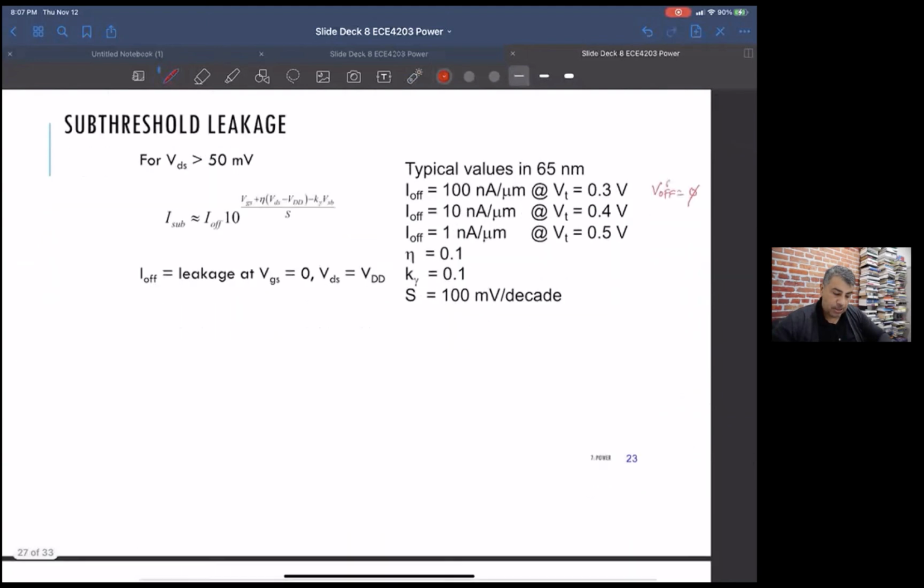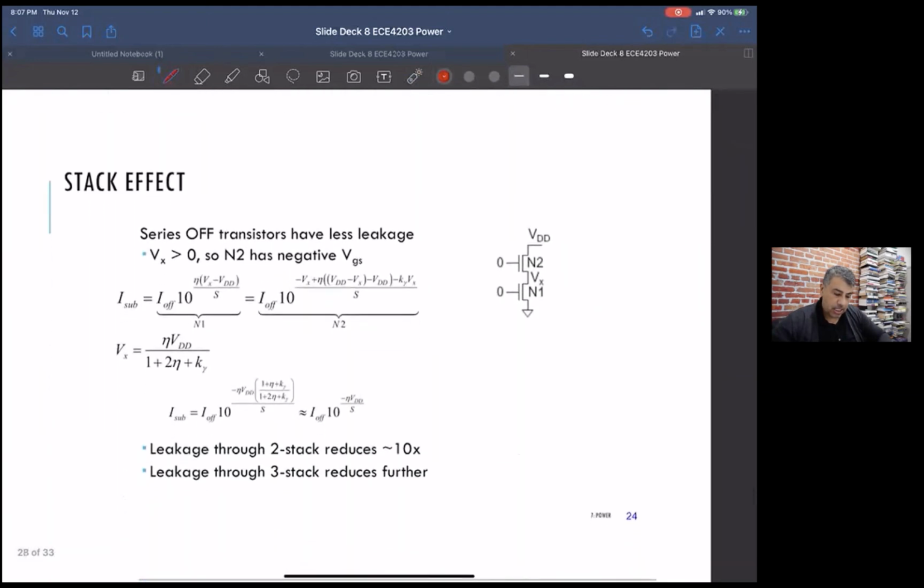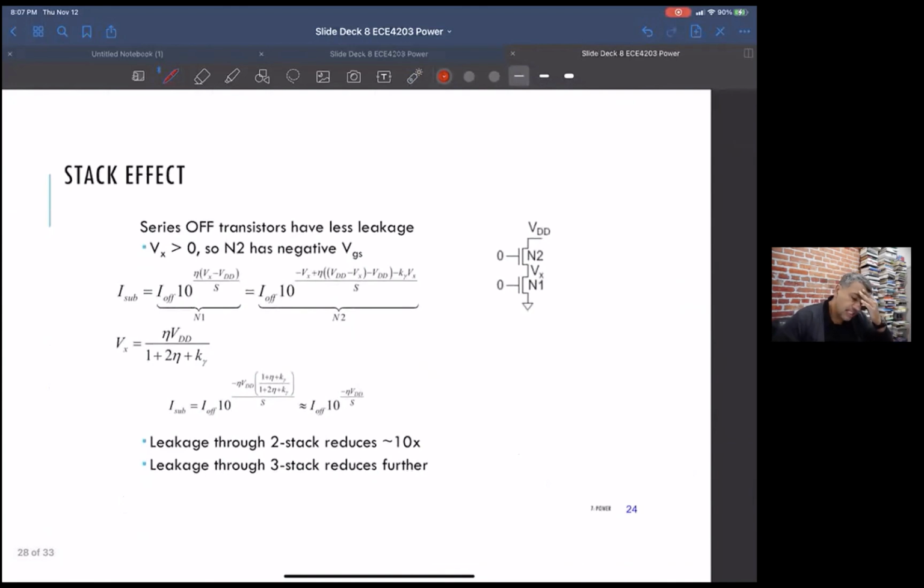I think we talked about this. Okay, so this stack effect, having transistors in a stack. What it's saying is the leakage current calculation gives you too high a number if it assumes all your transistors are off and connected to VDD.